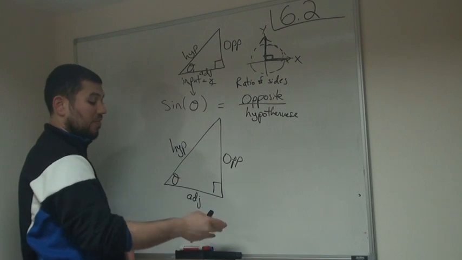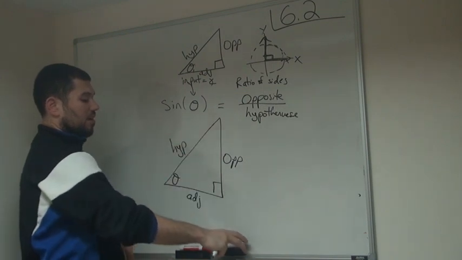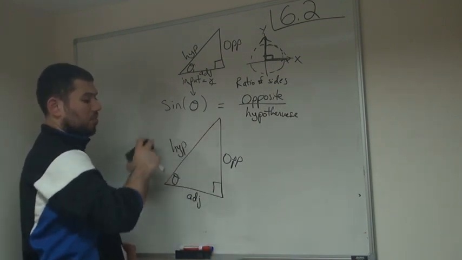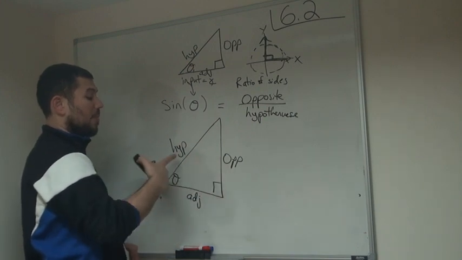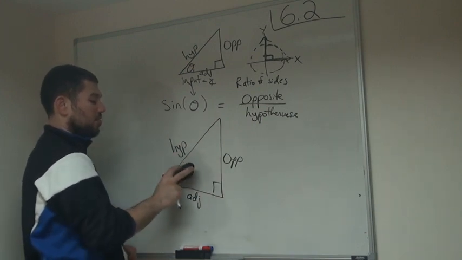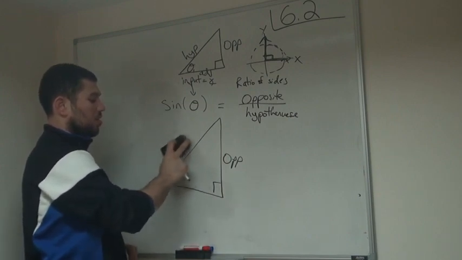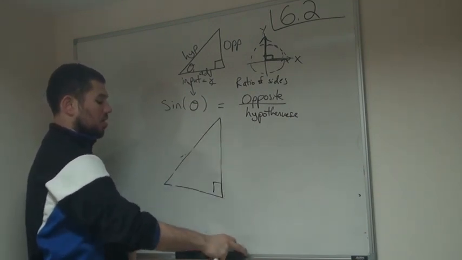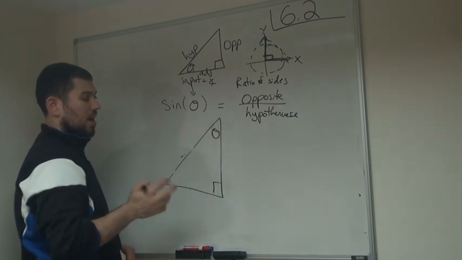Now, some of you might ask, what if you didn't put theta here? What if I put theta there? Take a look at this picture. It tells you that this is the adjacent side, that's the opposite side of the angle, and this is the hypotenuse. Well, if theta was drawn here instead, that would change some things around, but not everything.